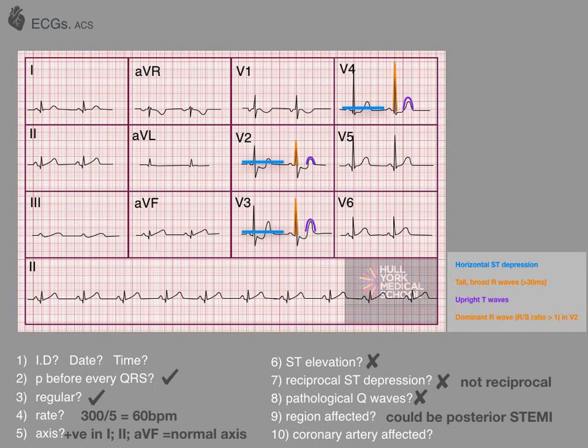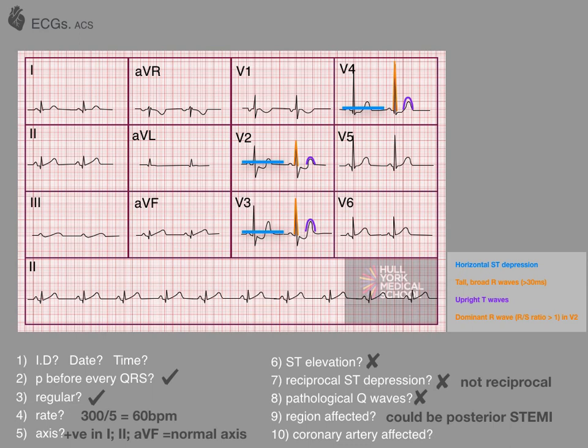You can also in these leads see tall R waves, and there's also upright T waves in these leads. This ECG represents a particular pattern which makes us suspicious that this patient might be having a posterior STEMI.